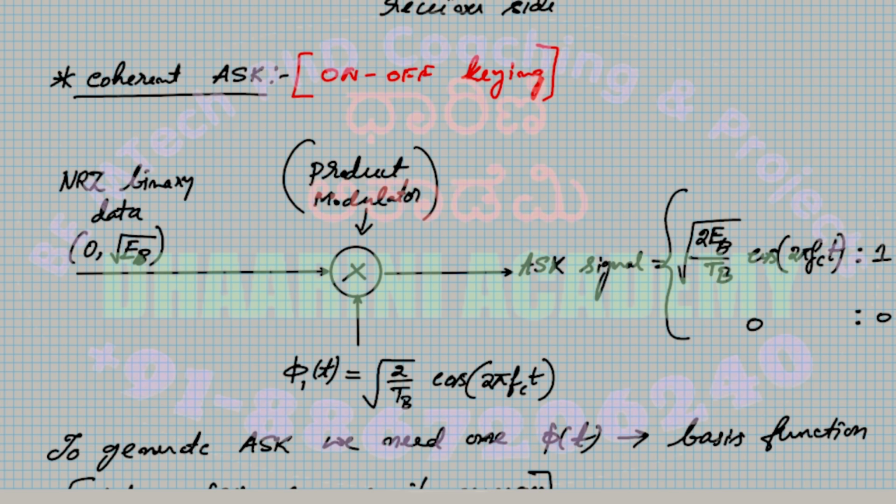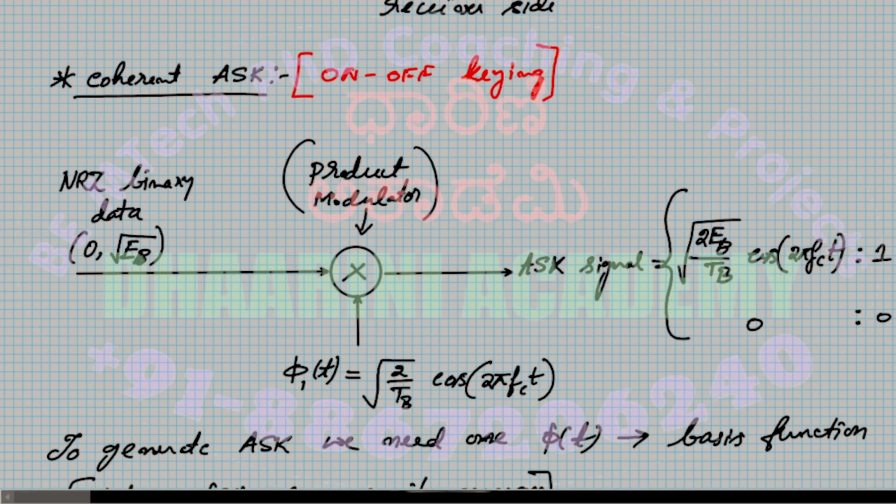Now you see, if you try to represent the baseband signal, that is represented in the NRZ format, let's try to write the power spectral density of that signal. So the baseband signal is what I'm trying to write.